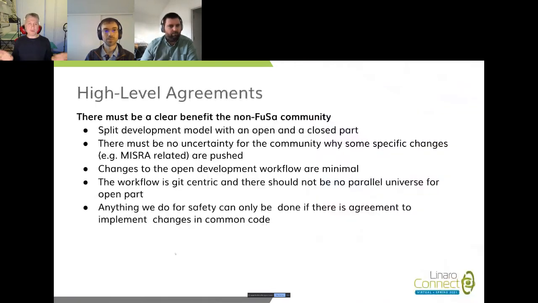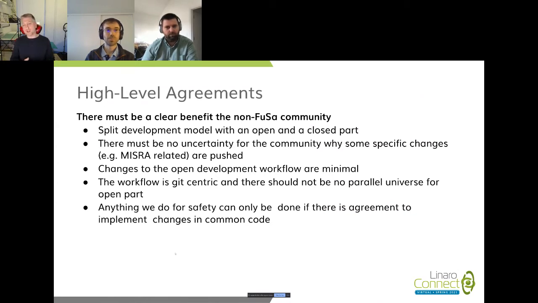So we've made some high-level agreements. There must be a very clear benefit for the non-functional safety community of Xen. That's why we need a split development model with an open source and a closed part. I'll talk about it later. There shall be no uncertainty on why some changes are needed, for example MISRA changes, why they're pushed and how the community can benefit from that.